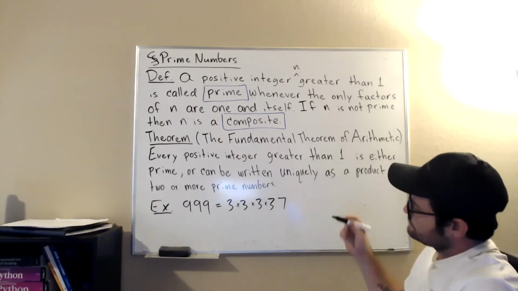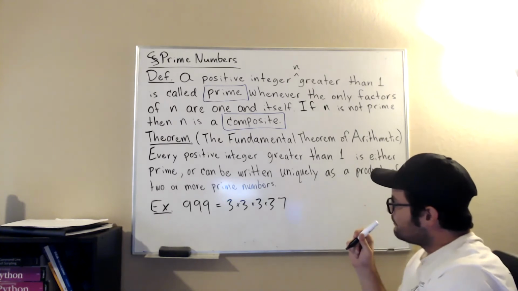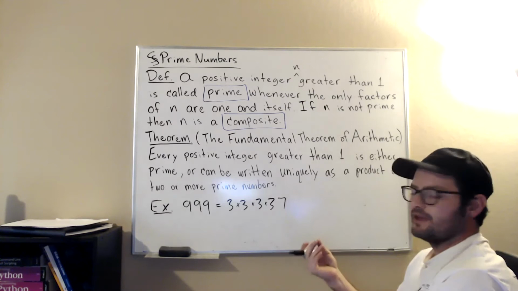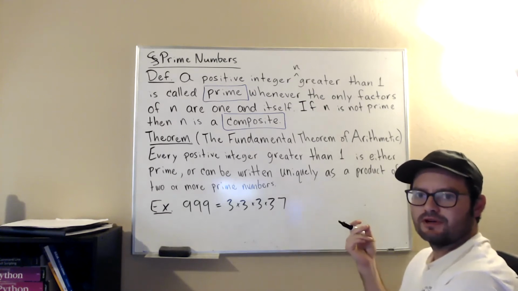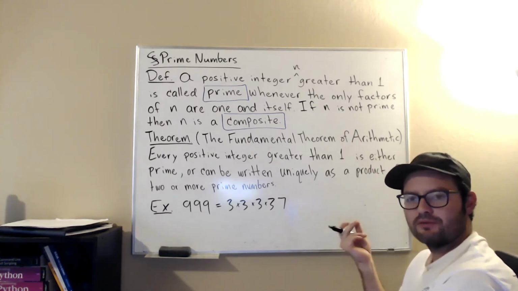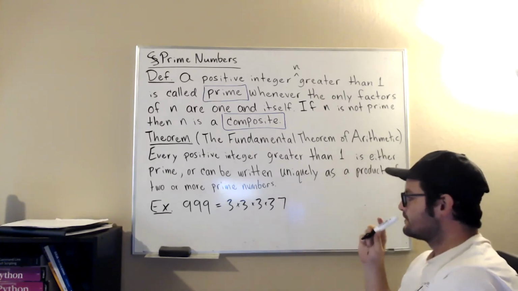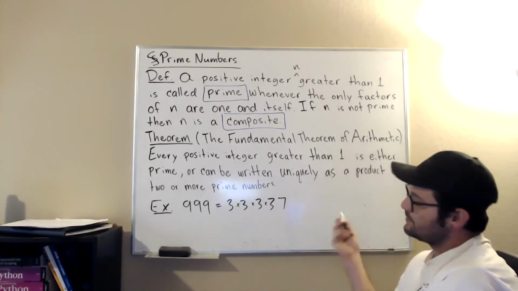Well, why are primes special? It's because primes are sort of like the atoms of the integers. Every integer is made up of primes in a very unique way. So how many primes are there?